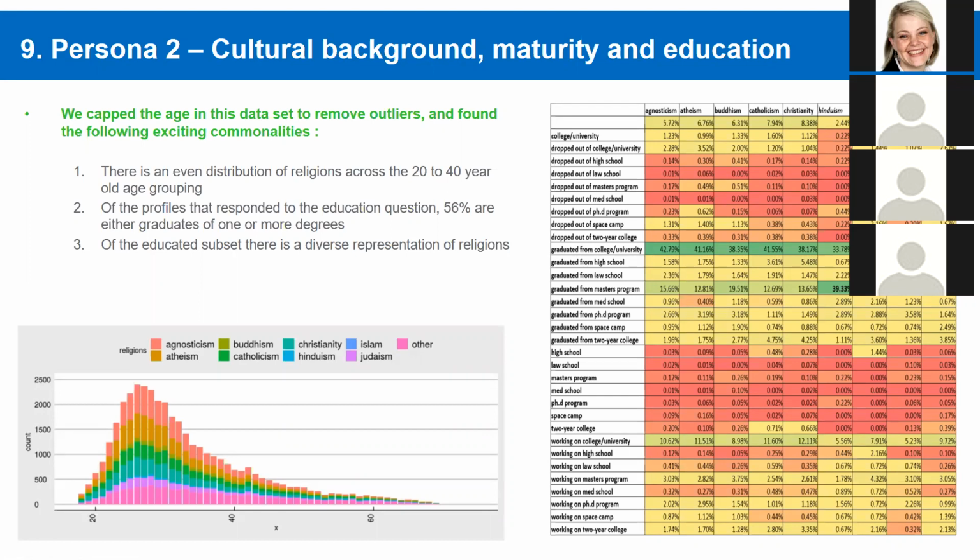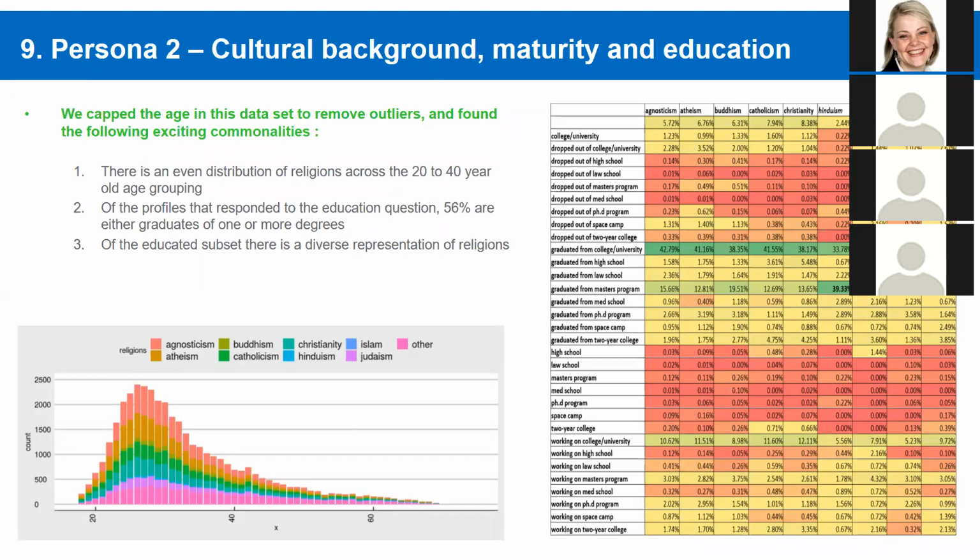So we capped some of the age data to remove some of the outliers, including our 110-year-old dater. But with that data, we were able to get a good range of the age, as well as the average.